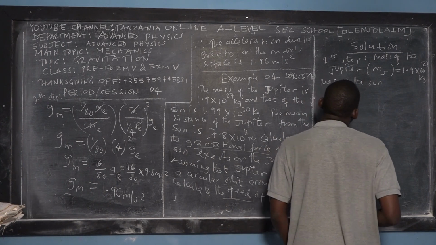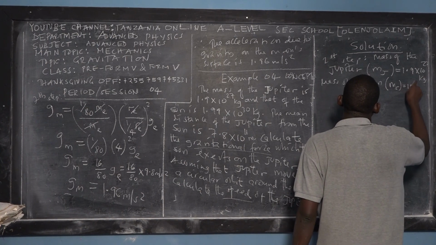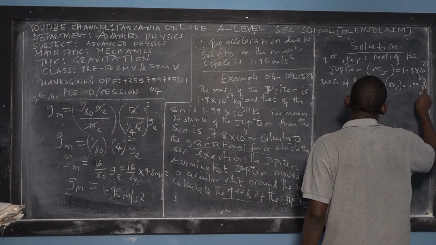Mass of the Sun, which we call MS, is equal to 1.9 × 10^30 kilograms.